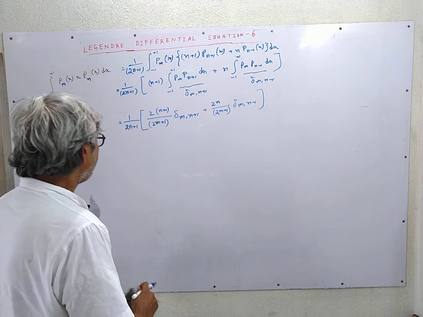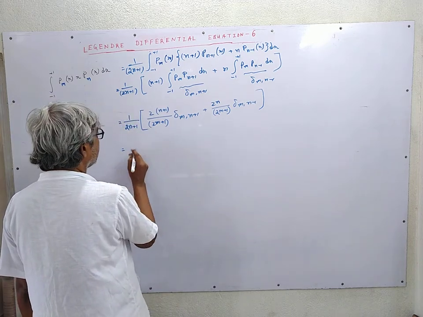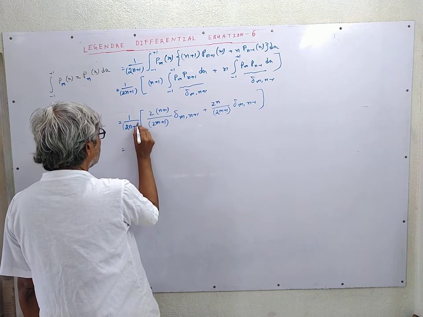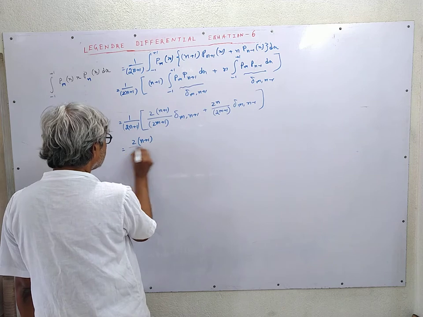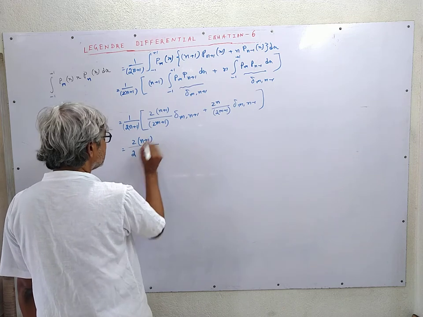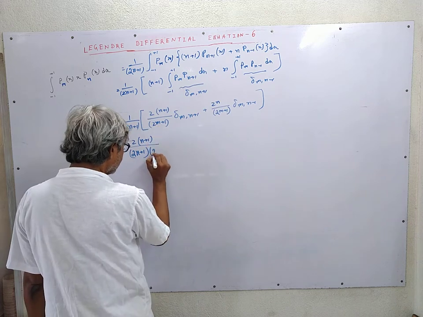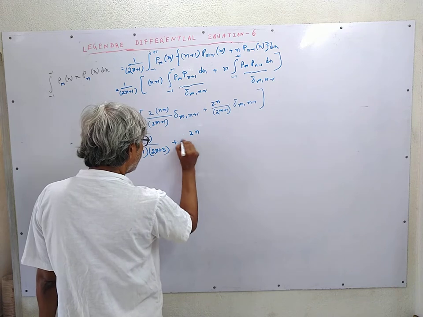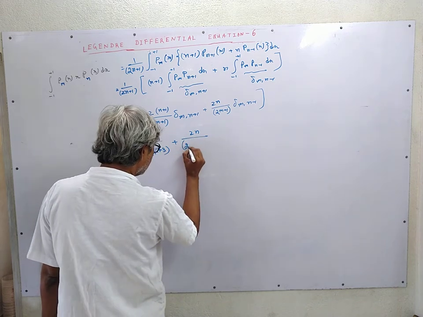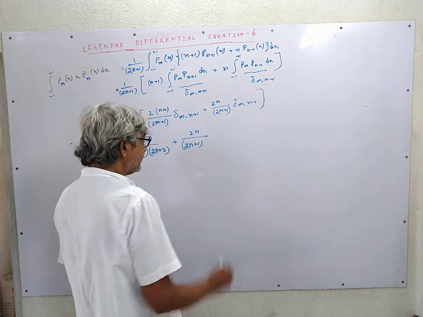If we put in the first expression m is equal to n plus 1, there is 2n plus 1 in the numerator and this factor will be 2n plus 3, plus the second term, where this factor is 2n and this factor is 2n minus 1.